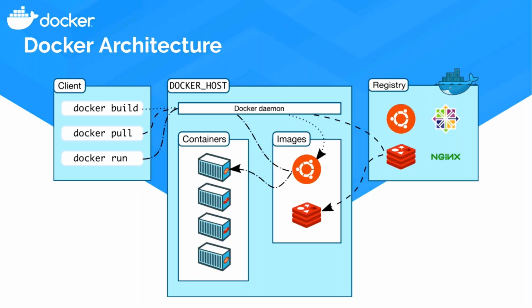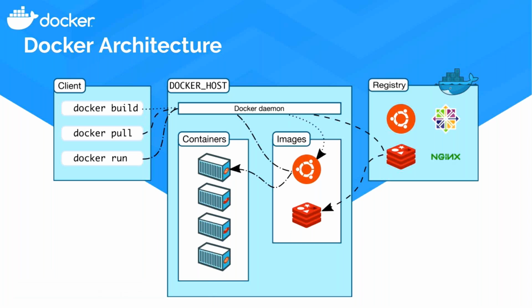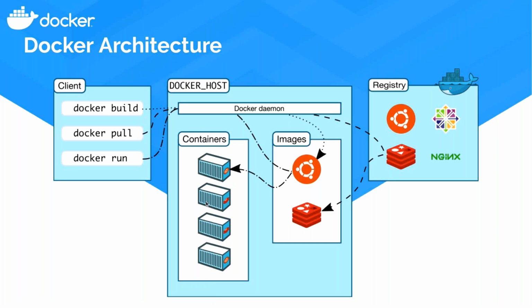So basically, the Docker architecture is as follows. On the client side, we have several instructions such as Docker build, pull, and run, and in the Docker host, we have a Docker daemon that takes care of those instructions, executes them, and makes the application work. In this case, we have images and containers, so I'm going to explain the difference.